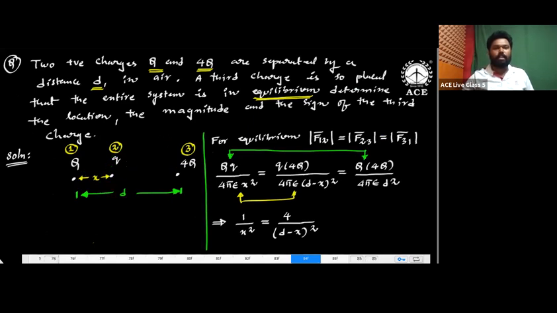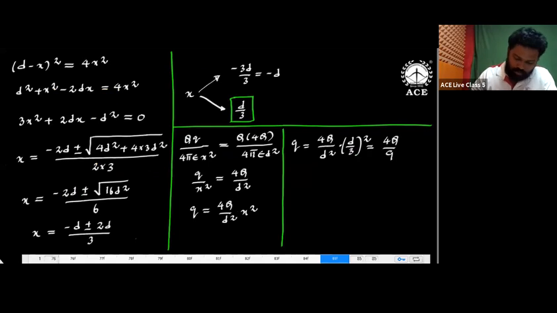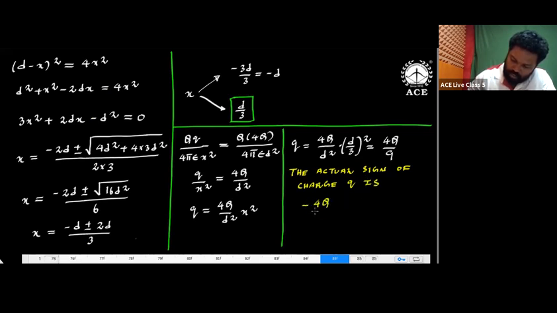So the actual charge q is minus 4q by 9 coulombs. Clear? Yes. Fine.